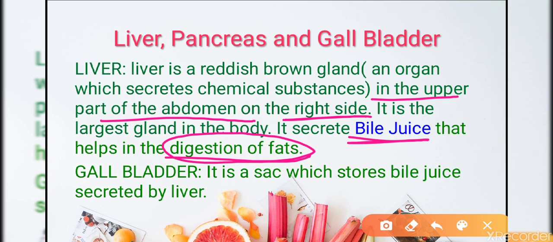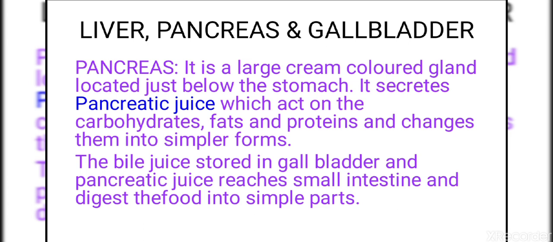But students, the bile juice which is secreted by the liver is stored in the gallbladder, and the juice which reaches the small intestine is actually from the gallbladder. Next, about the pancreas.